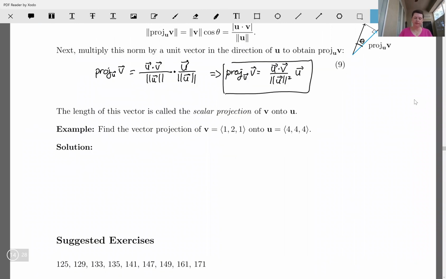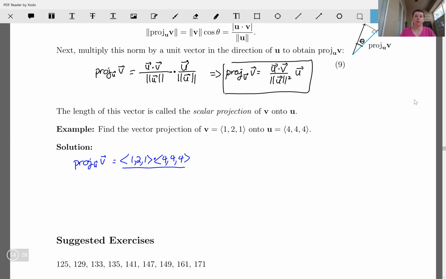We want to find the vector projection of v given here onto u. So step 1, just calculate stuff. All right, so just plug and play from the formula. Projection of v onto u is going to be the dot product of the two vectors divided by the norm of u squared.